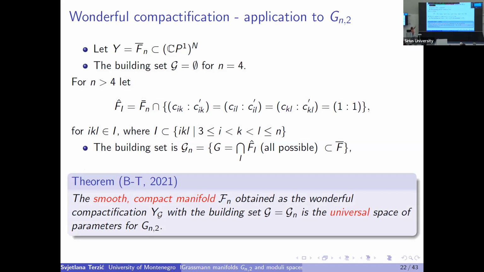Very roughly speaking, we may start with some compact manifold, a smooth variety. We have some sub-varieties which are not good for our purposes, and we blow up this variety along these sub-varieties and obtain a new compact space, which is a compactification of the initial one, but it's going to serve our purposes.